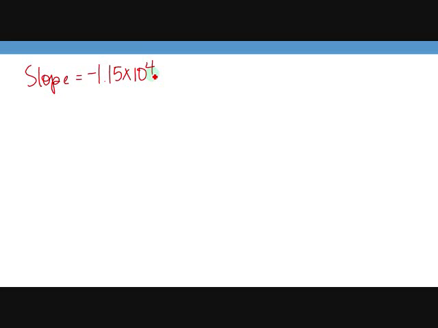I said before that the slope of this line is equal to the negative activation energy over R. We know what R is and we know what the slope is, so now we can solve for activation energy.